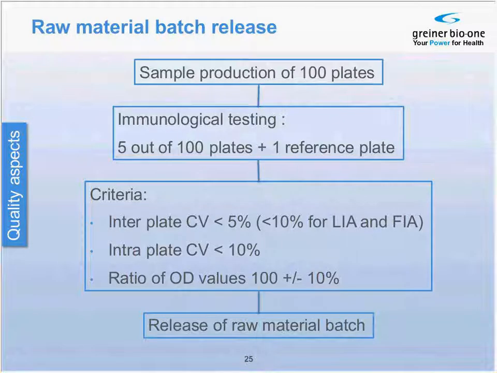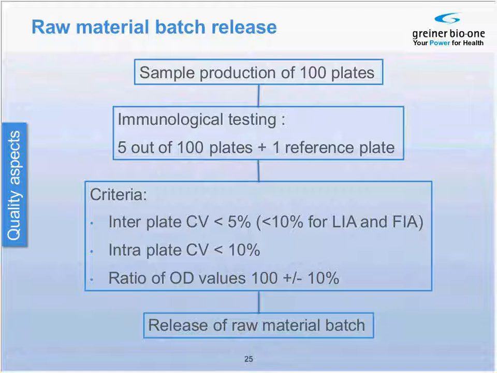The tested raw material batch is then used for a sample production of 100 microplates. 5 out of 100 plates are subject to immunological testing against a reference plate. Our quality criteria are the following: interplate coefficient of variation, a benchmark for phase homogeneity, of less than 5% for colorimetric and 10% for luminescence and fluorescence detection.